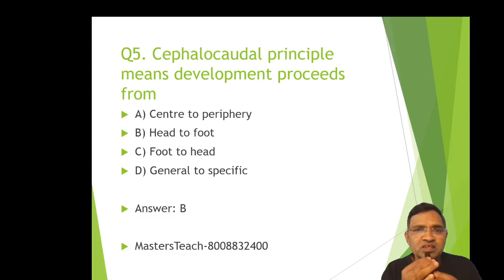Then cephalocaudal principle means development proceeds from A, center to periphery, B, head to foot, C, foot to head, D, general to specific. Cephalocaudal principle means the development is from head to foot. The answer is B.